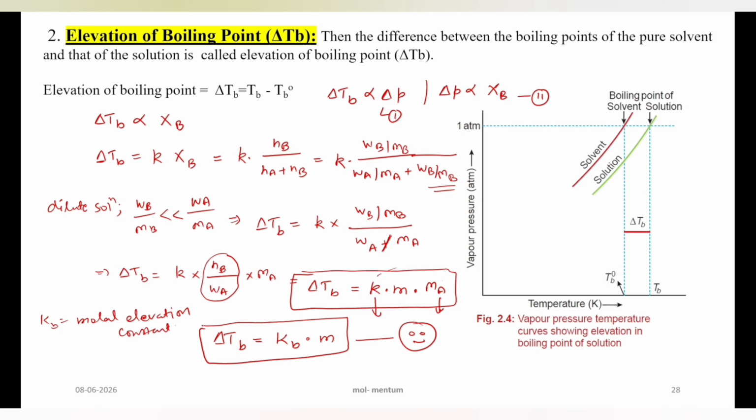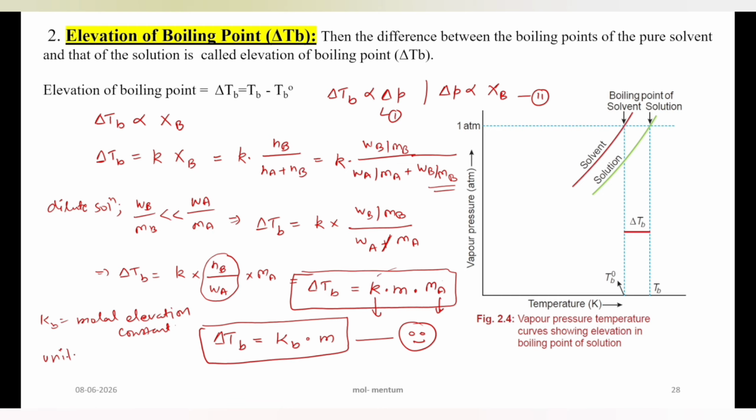And the second name for this is molar ebullioscopic constant. But molar elevation constant is sufficient. And every second or third year we get this question in multiple choice: what is the unit of Kb? So this part is very important.